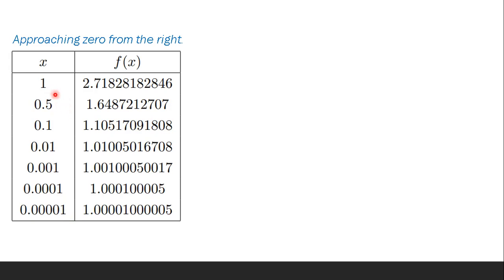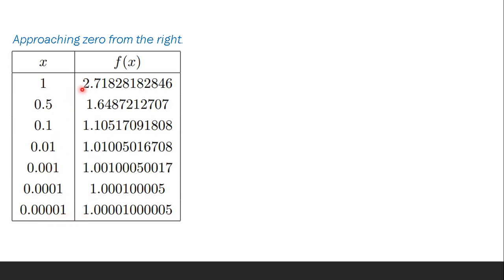Just simply change the value of your x from 1 to 0.5 to 0.1 and so on to 0.00001. This value is very much closer to 0, right? But still, it is not yet 0, since we have 0.00001.